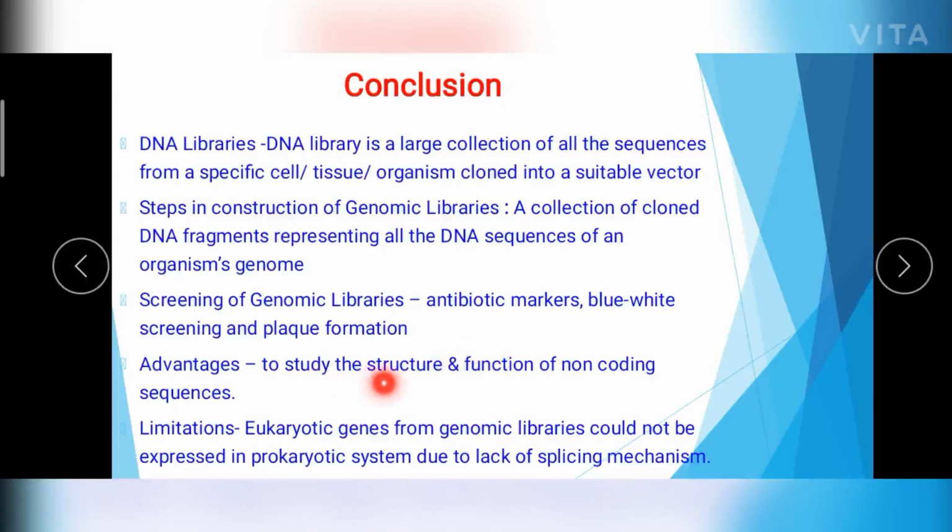In the advantages, you have seen that genomic libraries are preferred to study the structure and function of non-coding sequences, to isolate the desired genes from the source, and to sequence the genome. In the limitations, you have seen that eukaryotic genes from genomic libraries could not be expressed in a prokaryotic system due to the lack of a splicing mechanism.